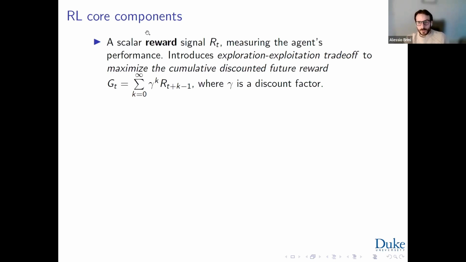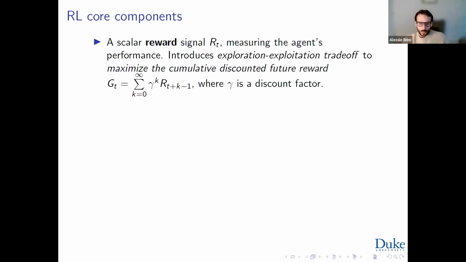The fact that there is a reward implies the presence of the so-called exploration-exploitation trade-off. What could happen is that your reinforcement learning agent just maximizes the reward at each point in time, and this is just exploitation. In that case, your agent is going to act in a greedy manner.